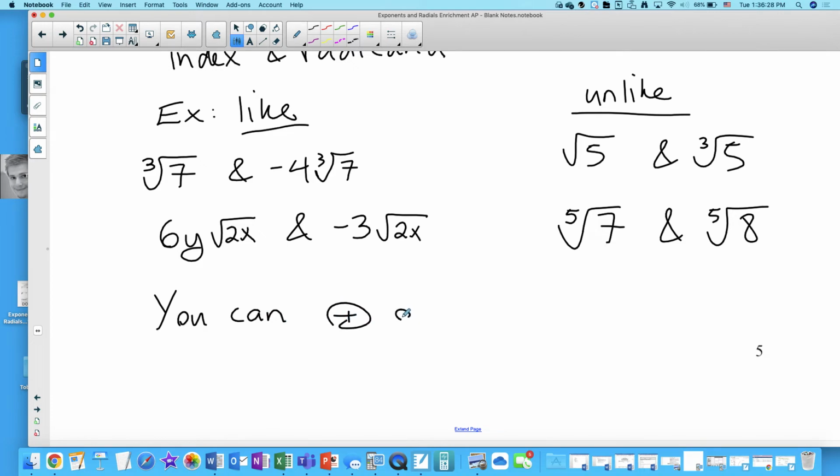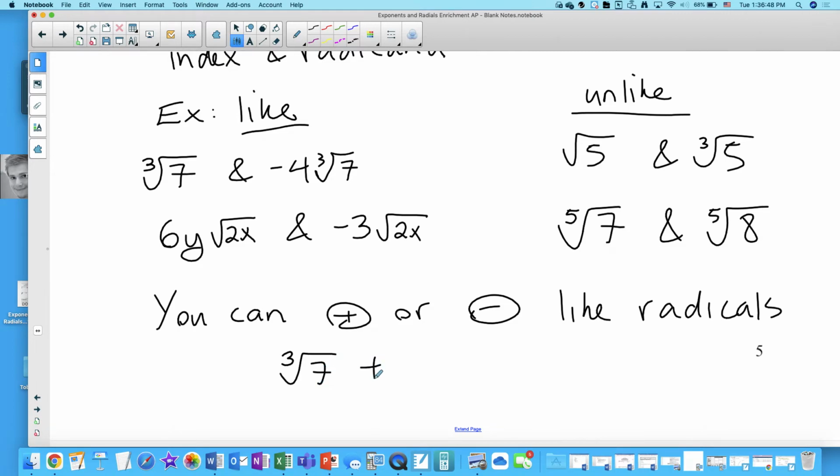Just as an example, I'm not going to do the second one here because this business about 6y and negative 3 also gets into factoring, so we won't worry about that. But if I had the cube root of 7 plus negative 4 cube root 7, think about the coefficients of each of these.